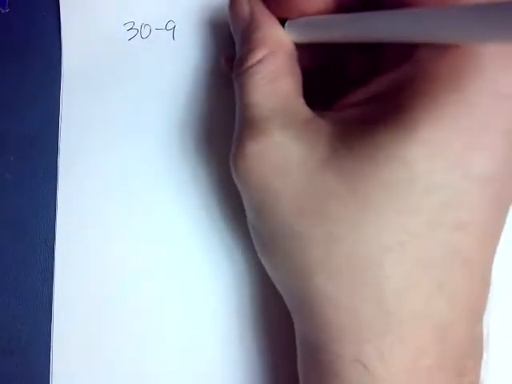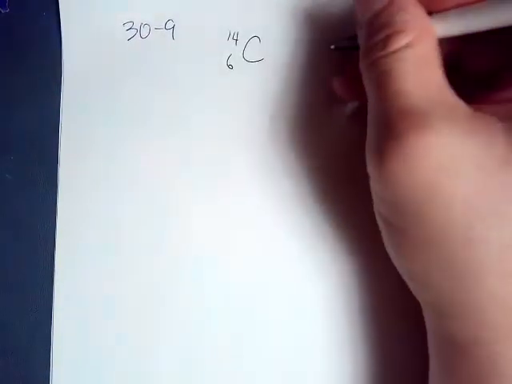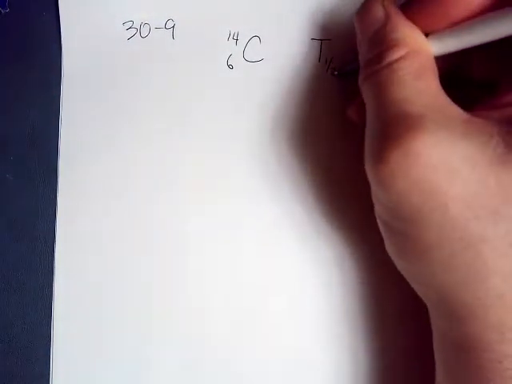So let's just get into the example, and I'll explain the process and the symbols as we go. Okay, so 39. The isotope C14 again has a half-life. I'm going to write this as T half like that.